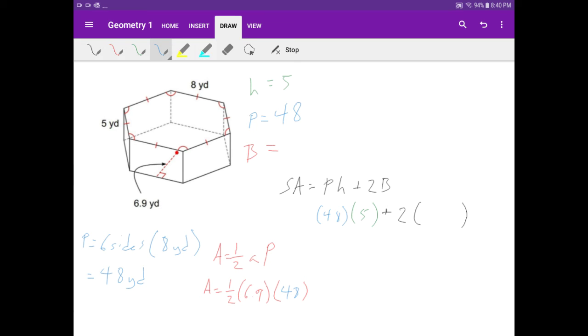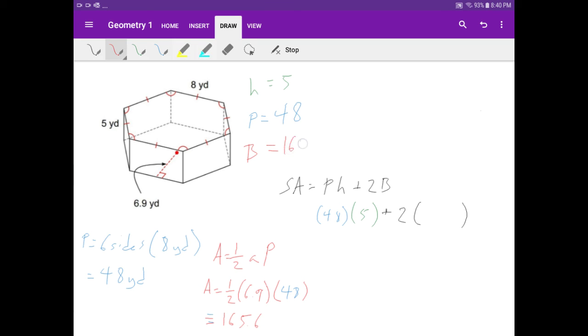Okay, calculator from here. So 0.5 times 6.9 times 48. 165.6. So 165.6 is the area of the base.